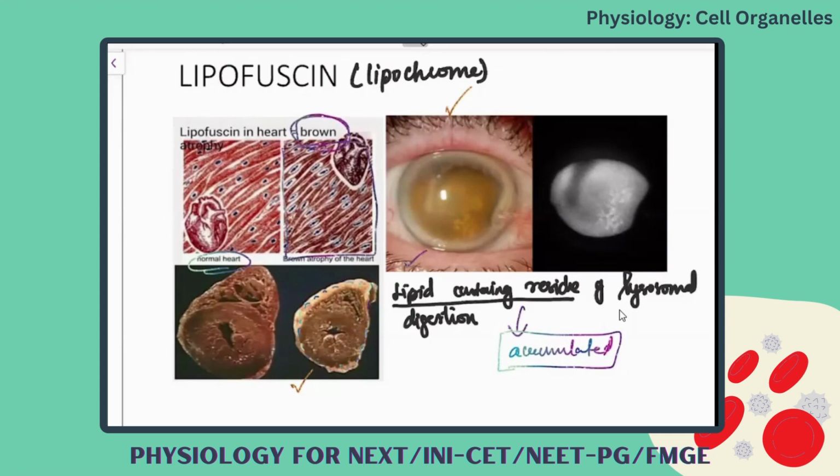That is one of the indications of lysosomal digestion, lipid containing residue. You will also come across yellowish discoloration in the eyes, not in the conjunctiva. If you see yellowish discoloration in the conjunctiva, that is jaundice. But here you will see it in the inner ball of the eyes.